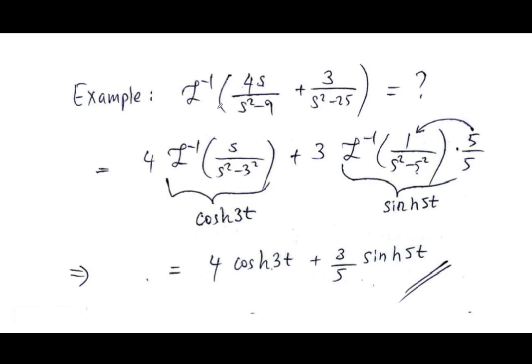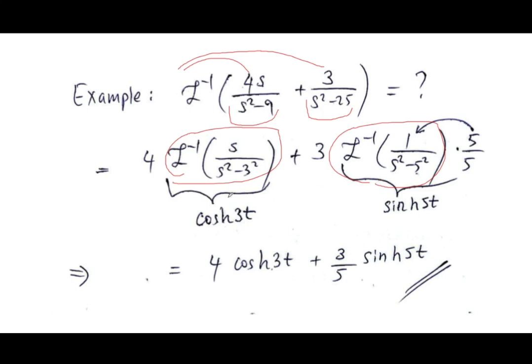Now, in this example, which is actually similar to the previous example, we have two expressions in terms of s, and we want to do the inverse operation and calculate the inverse Laplace transform. Well, first start by splitting this into two expressions. Take out the constants, okay? You can take them out and then rewrite this as the inverse Laplace transform of this one and the inverse Laplace transform of this expression.